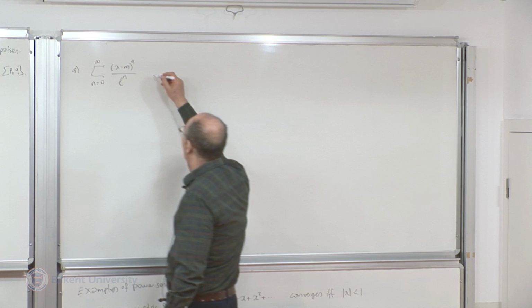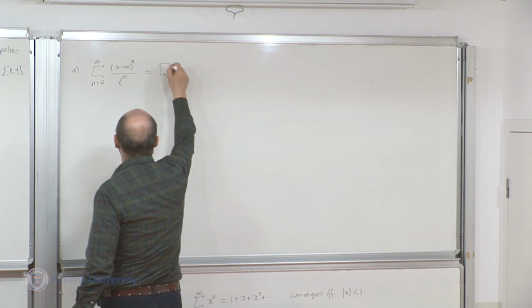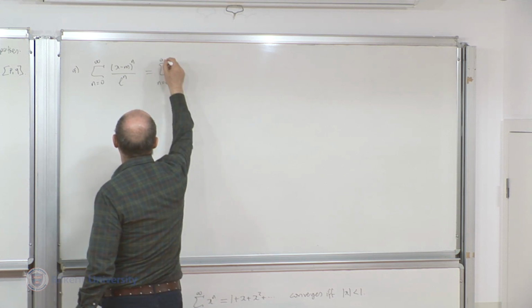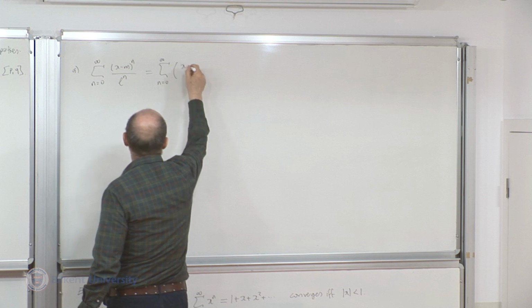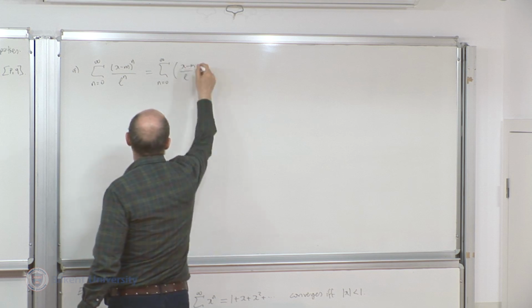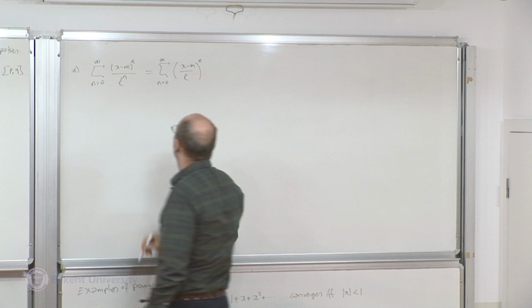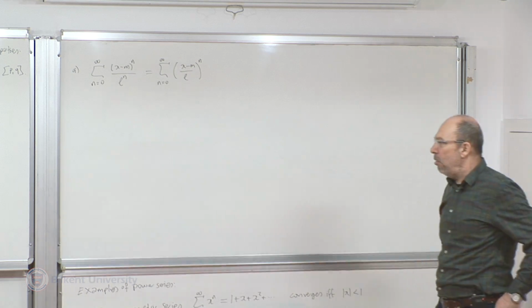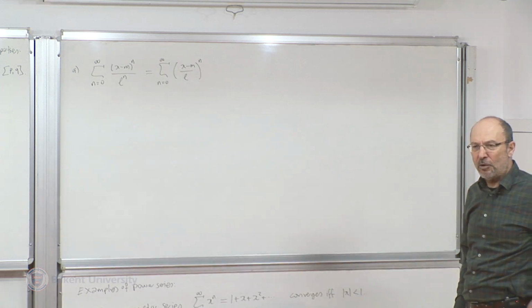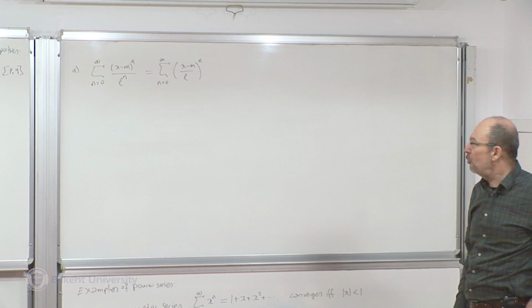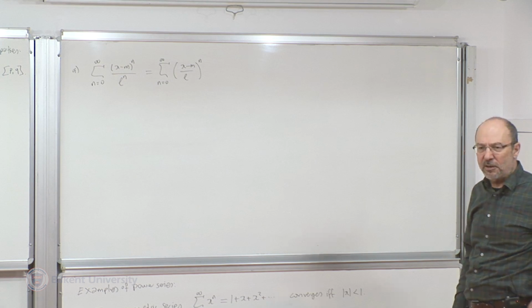Notice that this is the sum from n equals 0 to infinity of ((x minus m) over L), everything raised to power n. So this converges if and only if the absolute value of the general term is strictly less than 1. It diverges everywhere else.